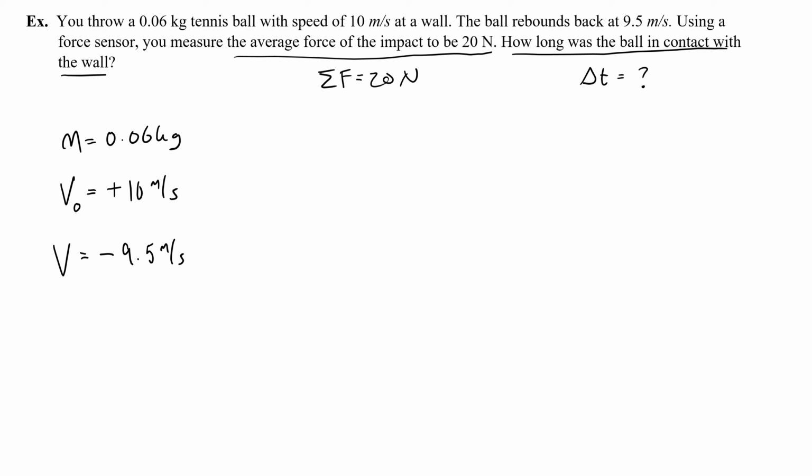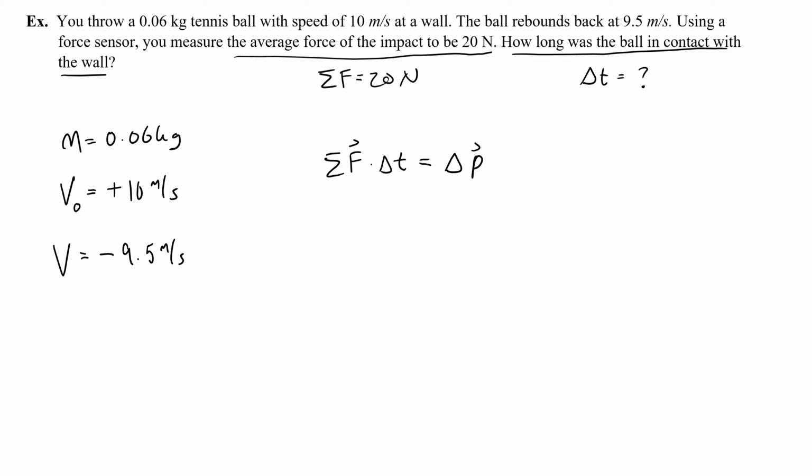Okay, so does this problem give me enough information to solve for the amount of time? Sure, there are a ton of different ways that we can do this. Probably the easiest is for us to remember that the net force times time, the impact, is equal to the change of momentum. Right, that's the impulse momentum theorem.